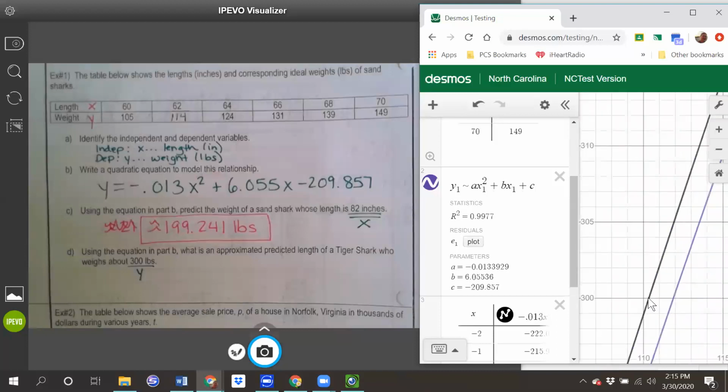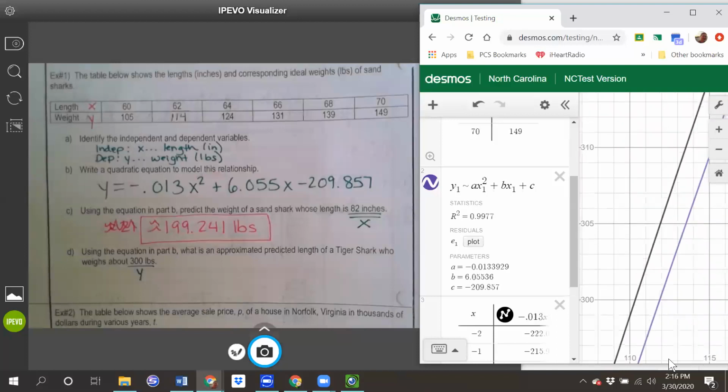If that's 300 and that is 110 in the X direction, there's 115. Yep, that matches up. So I'm thinking maybe 110 and a half.